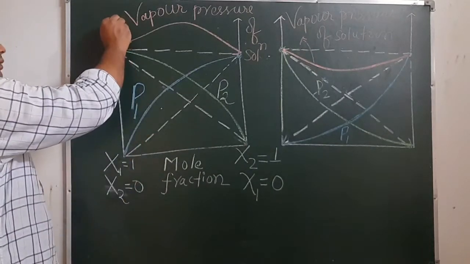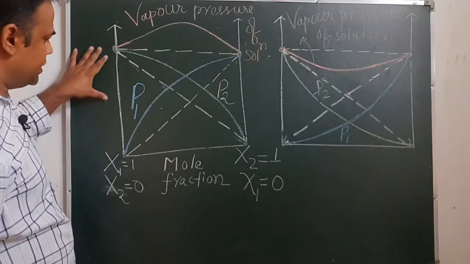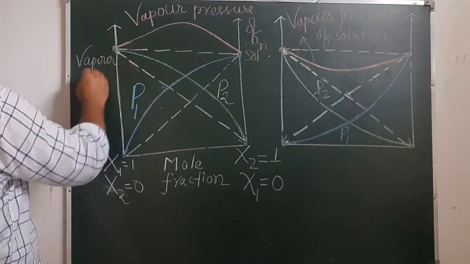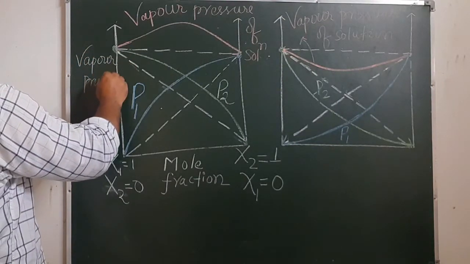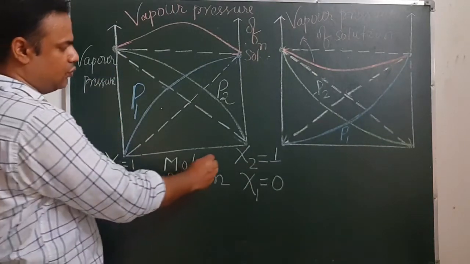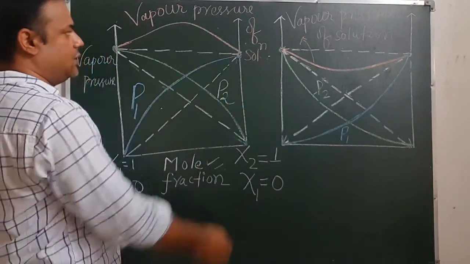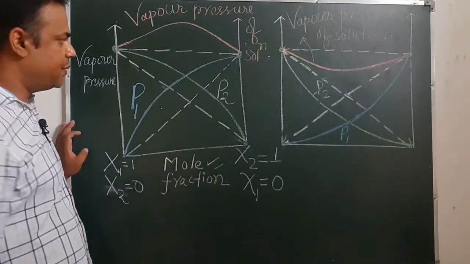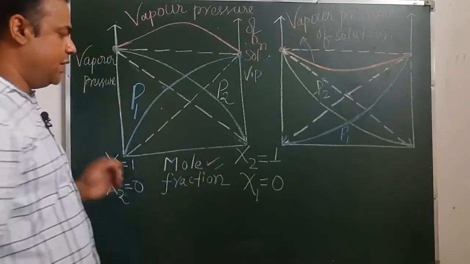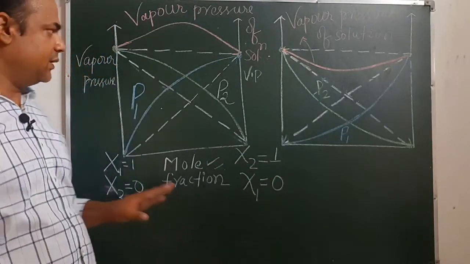So on the vertical axis, or we can say y-axis, we are representing vapor pressure, and on the horizontal axis we are representing mole fraction. Similarly, on the right hand side, the vertical axis is representing vapor pressure, and x2 is mole fraction of solute, x1 is mole fraction of solvent.